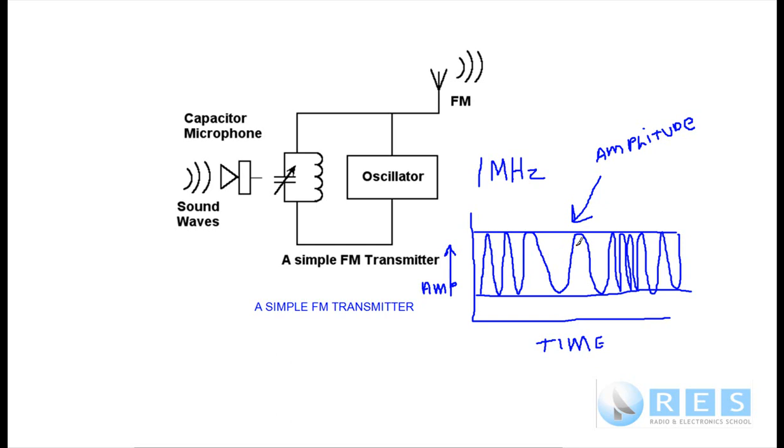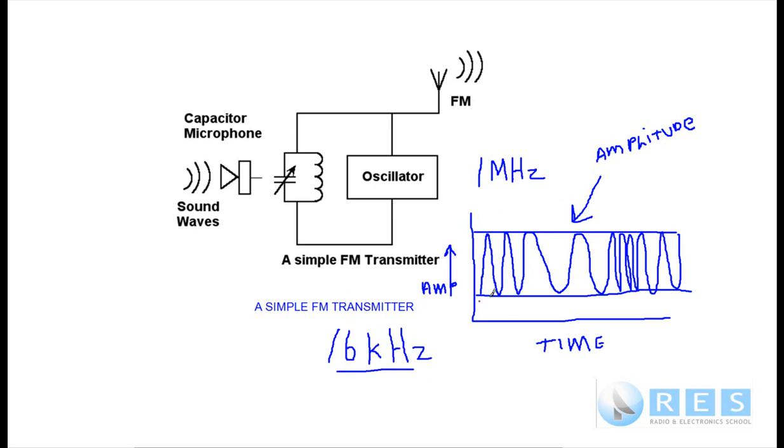But it also has some disadvantages for HF because the bandwidth of an FM signal on amateur frequencies is about 16 kilohertz. And 16 kilohertz is a pretty broad signal to put on HF bands.